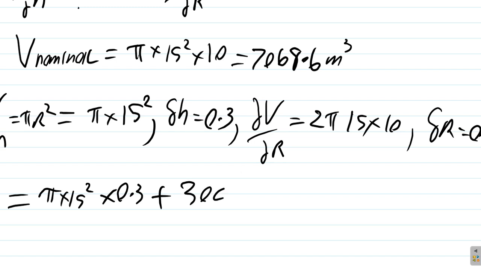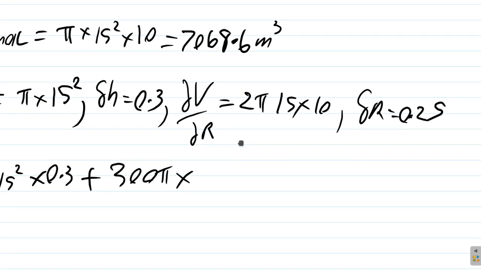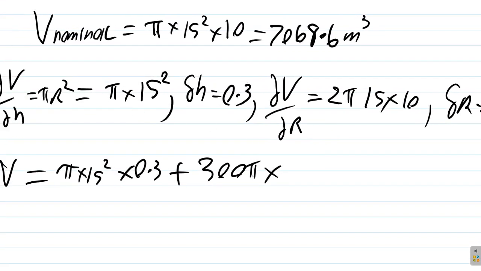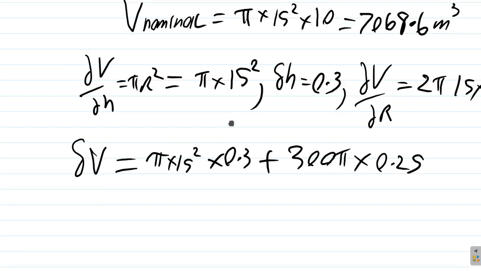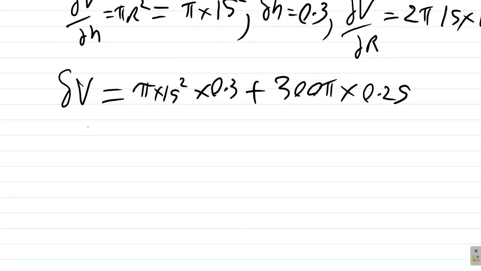So it's 300 pi times change in R, 0.25. Okay, good. So change in volume is equal to pi by 15 squared by 0.3.